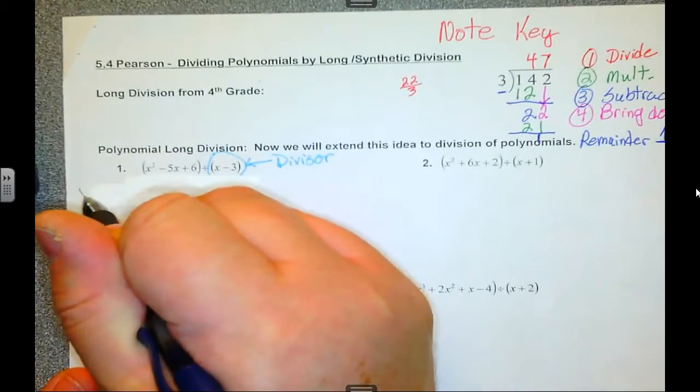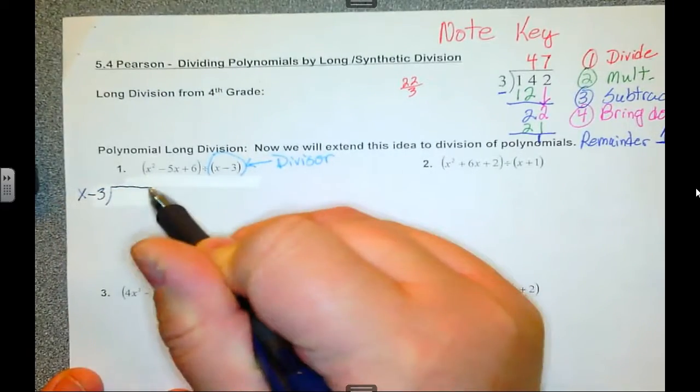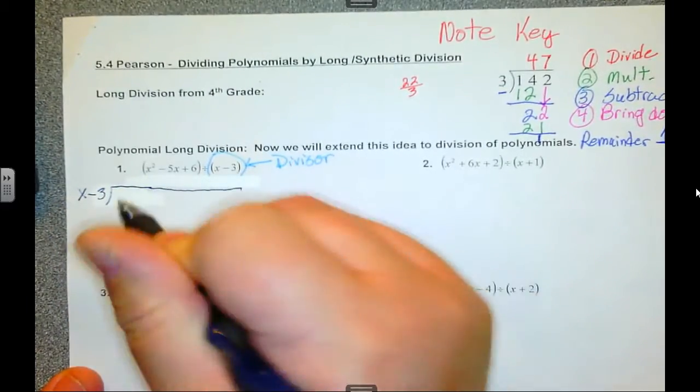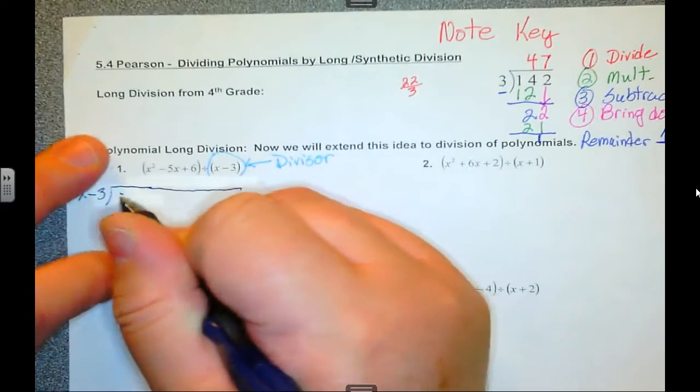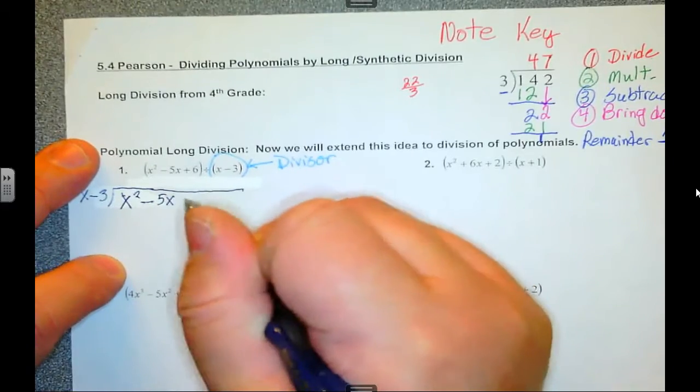So I'm going to take the divisor, x minus 3, and divide it into x squared minus 5x plus 6.